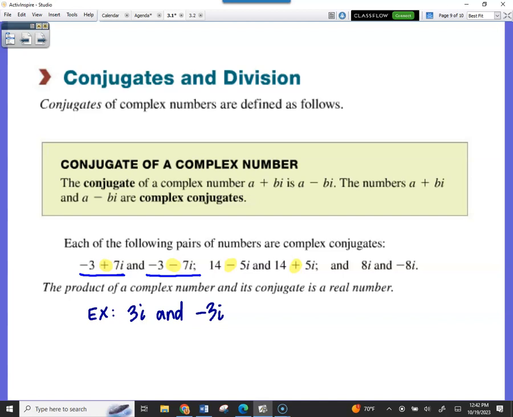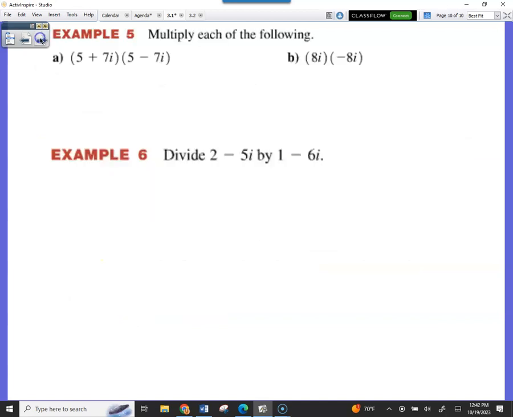Now, why do we need the conjugate? Well, when you go to multiply complex numbers with their conjugate, what phrase from working with polynomials does this resemble? Do you remember?